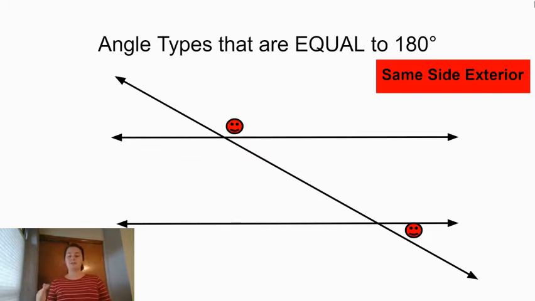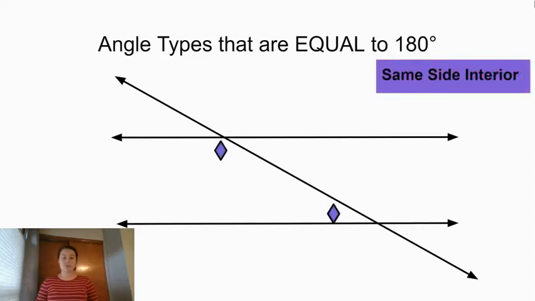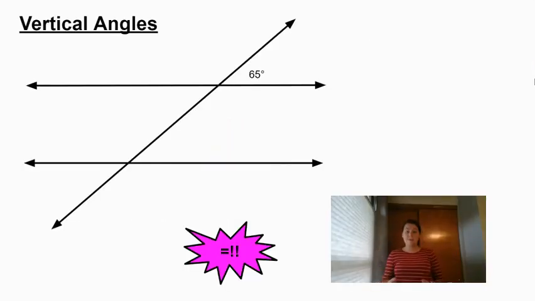Now we have same side interior. Almost the same thing: same side of the transversal. So these 2 purple diamonds are on the left side of our transversal, but they are inside of those 2 parallel lines. Outside of the parallel lines, inside of the parallel lines. Okay, so we have gone over our 6 different types of angles and whether they are equal to each other or add up to 180.